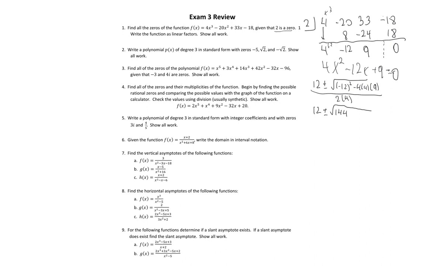I'm just going to use a calculator because that's a bit big to do in my head. 4 times 4 times 9 happens to be 144 as well, over 8. So we get 12 plus or minus square root of 0, which is just 0. So we're going to get 12 over 8, which is the same thing as, dividing top and bottom by 4, 3 over 2.